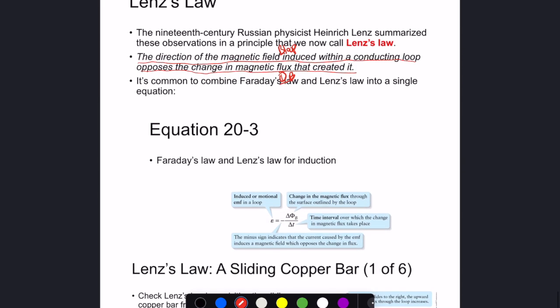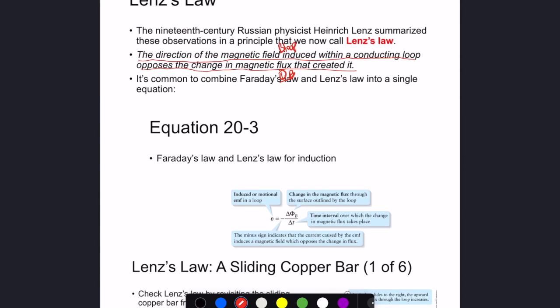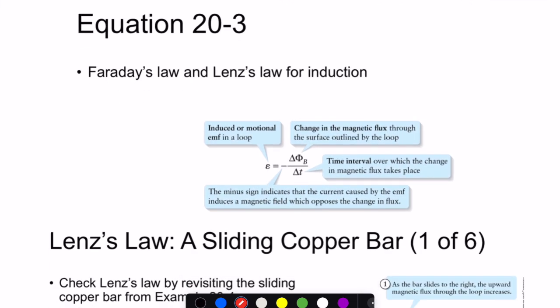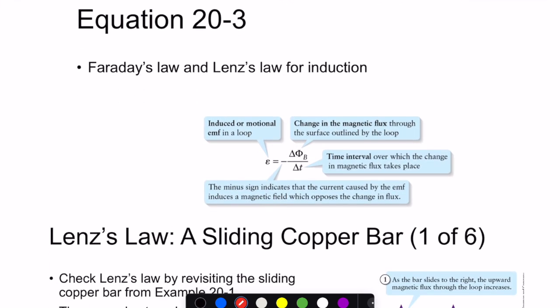And so now that we know the direction, Lenz's law and Faraday's law are combined, and the magnitude bars go away, and what we have is a negative sign in front of our change in flux. The minus sign indicates that the current caused by the EMF induces a magnetic field that opposes the change in flux.